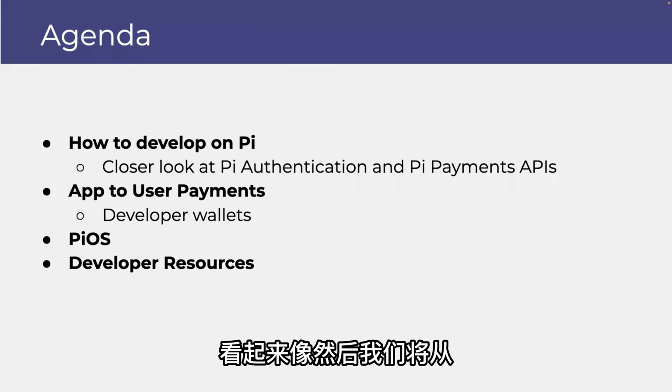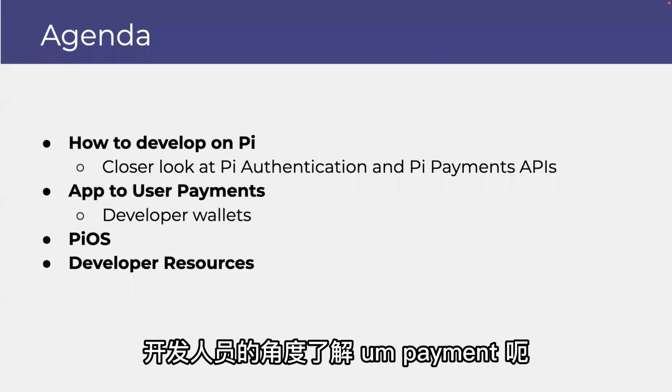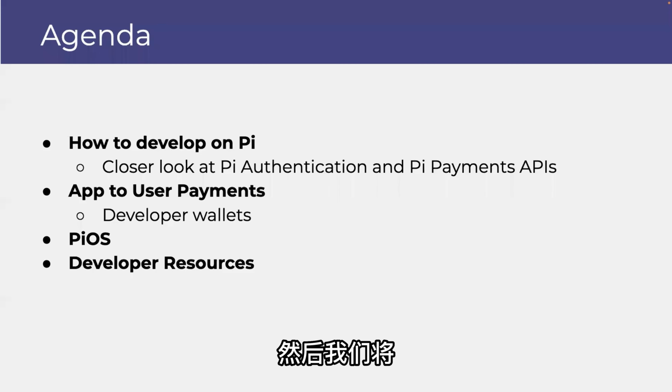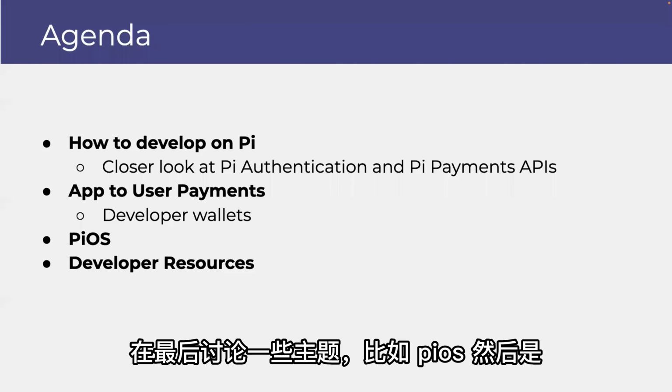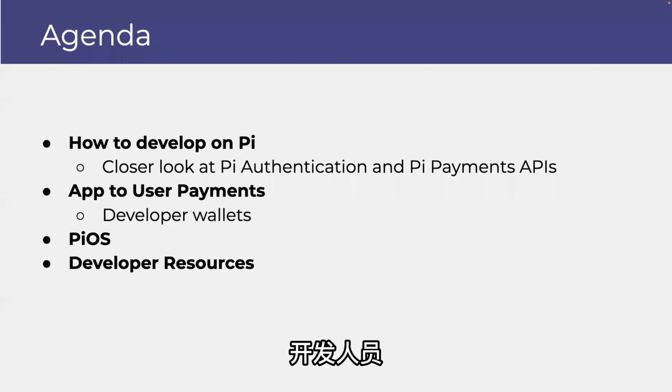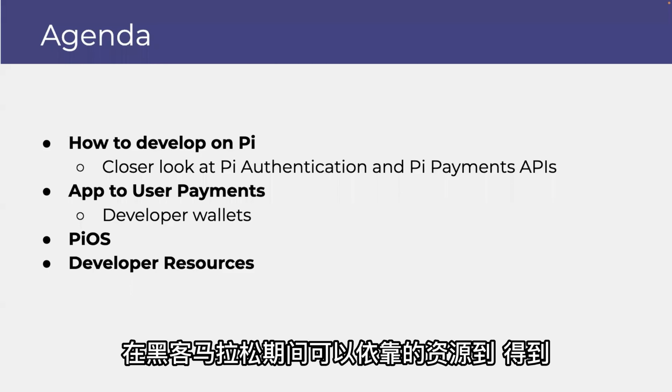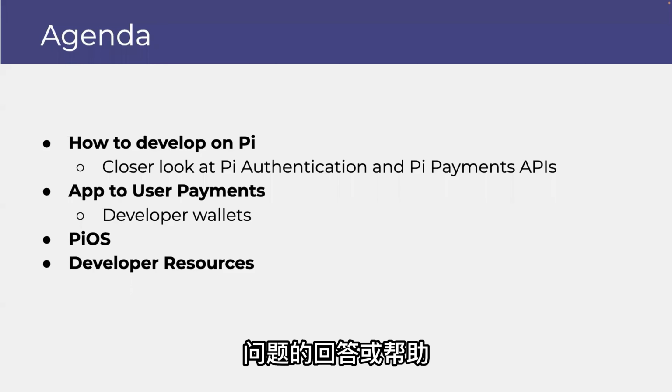Then you'll learn about payments from the developer standpoint, and then we'll cover a few topics at the end like Pi OS, and resources that you developers can lean on during the hackathon to get questions answered or to help troubleshoot issues.